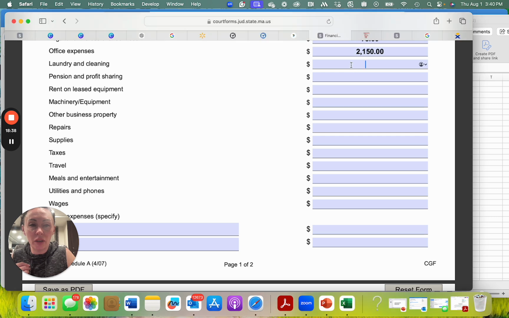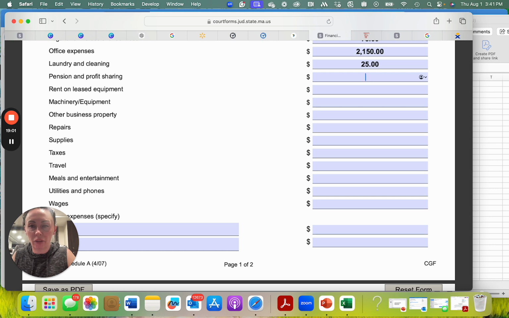This is also a number that is on your regular financial statement. You can put a solid guess. In this situation, it's a pizza shop. They probably have a lot of aprons and dirty towels they may need to wash. Maybe you could put a number, maybe $25 a month is what they spend.